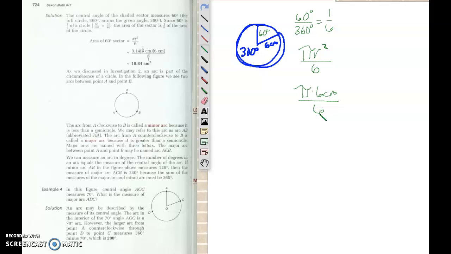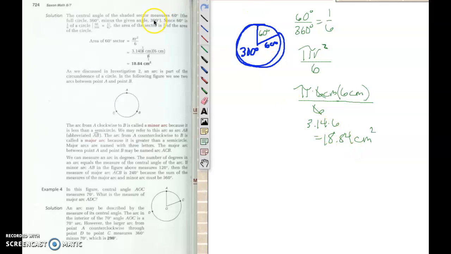Oh, gotta do 6 centimeters squared, my bad. Even over here in Saxon, it shows that you can reduce. So we got a 6 here, we got a 6 here, and now we have 3.14 times 6, and you get 18.84 centimeters squared.